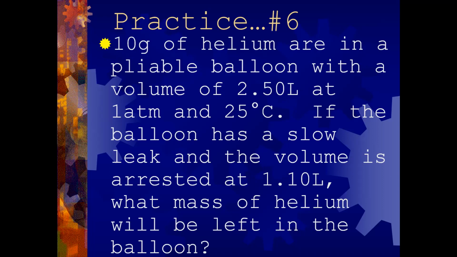Remember how that one went? N, right? Because Avogadro's number has to do with moles. So we're going to need to change the 10 grams to moles, and then when we get the moles, change it back to grams. All right, so for Avogadro's law, we need the number of moles.